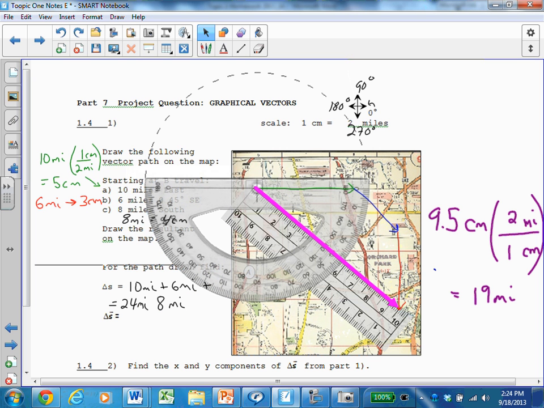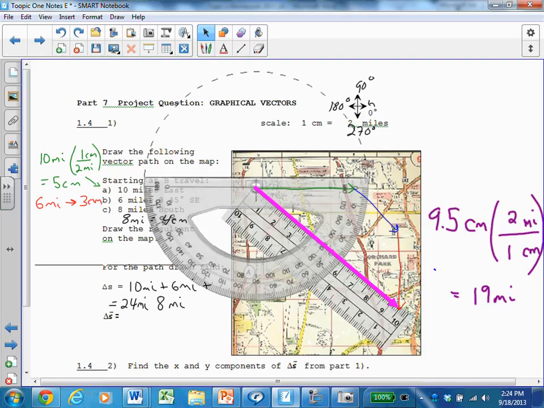I can see that it's 40 degrees down, 10, 20, 30, 40. Well, 360 minus 40 is what? 320. So this is 19 miles at 320 degrees.